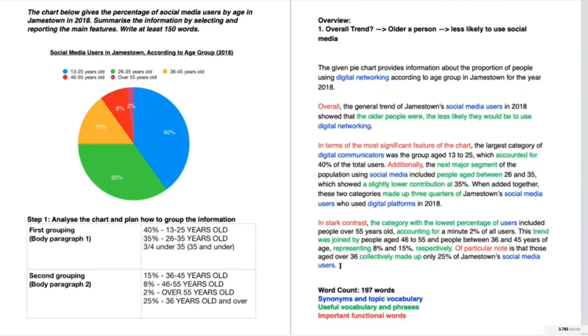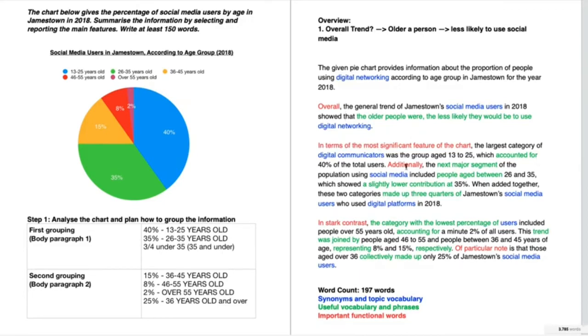Now, our important functional words really help our essay sing and flow together. So in the overview paragraph, overall is a great word to use because you're talking about everything in your pie chart. This is nice here, our sentence for the body paragraph 1. It says, in terms of the most significant feature of the chart, and then I talked about it.